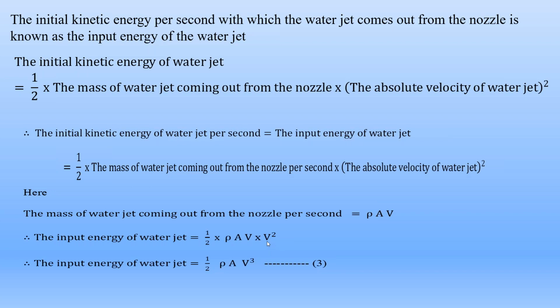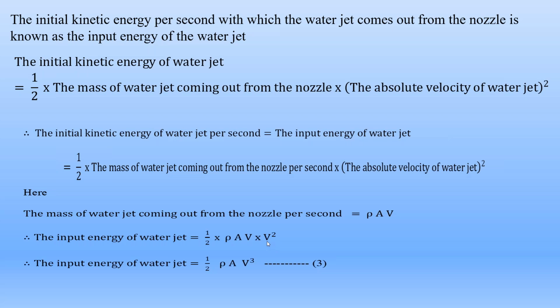So the input energy of water jet, that is equal to the initial kinetic energy of water jet coming out from the nozzle per second, is equal to half into rho A V into V square, that comes as half rho A into V cube, equation 3.